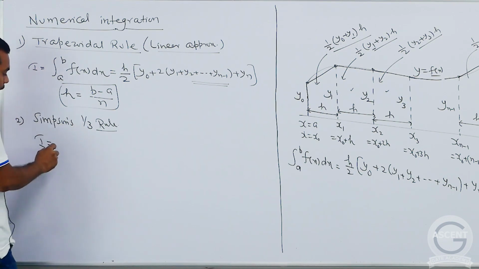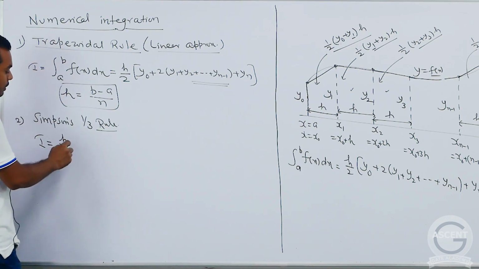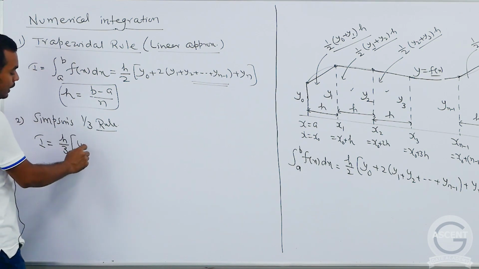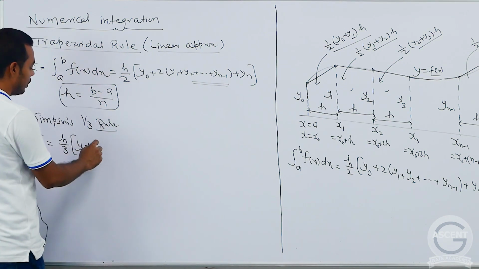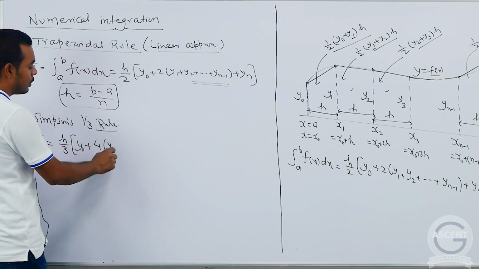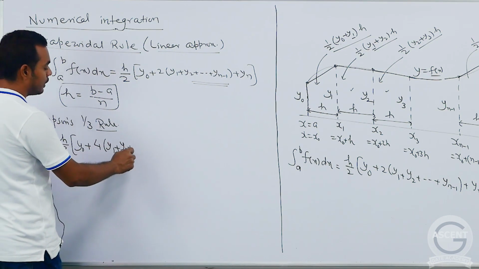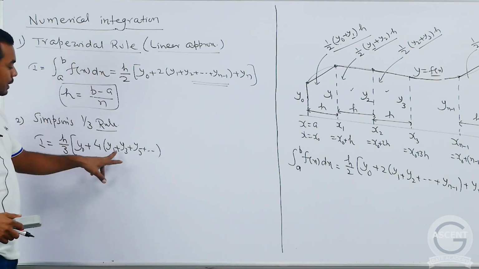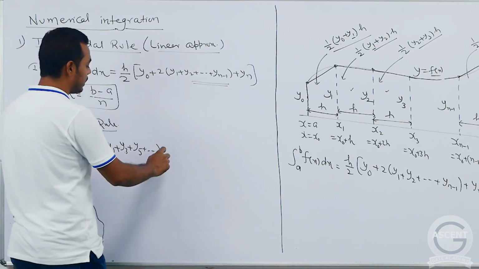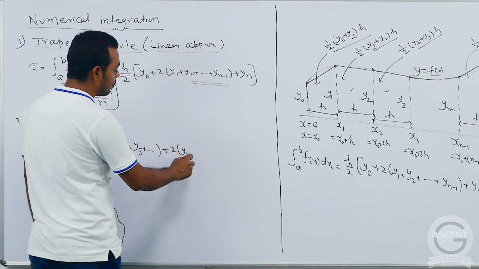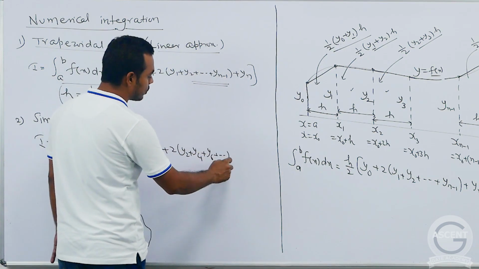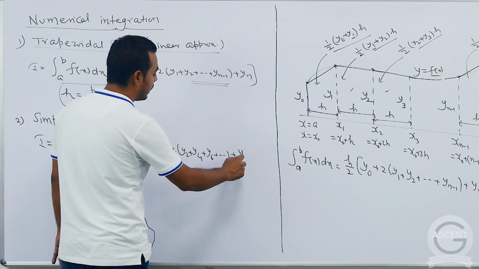Here the formula for the definite integral will be h by 3, the 1/3 rule. So h by 3 [y0 + 4(y1 + y3 + y5 and so on, terms with odd coefficient) + 2(y2 + y4 + y6 and so on) + yn].